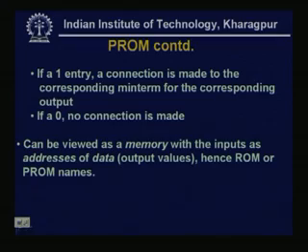That means, when I get the AND array, whichever minterms I take, say M1 plus M2 plus M5, I give a 1 entry, just like the conventional Karnaugh map does. It can be viewed as a memory with the inputs as addresses of data, hence the names ROM or PROM.